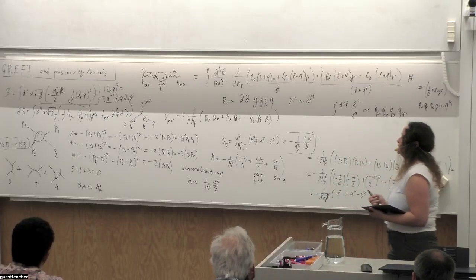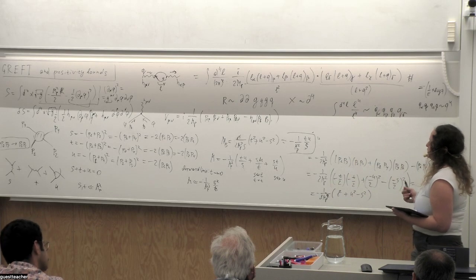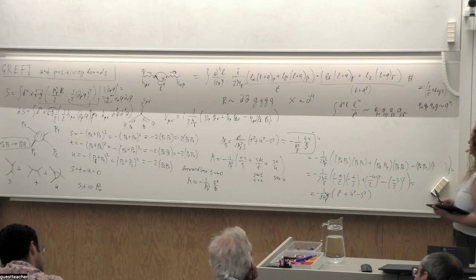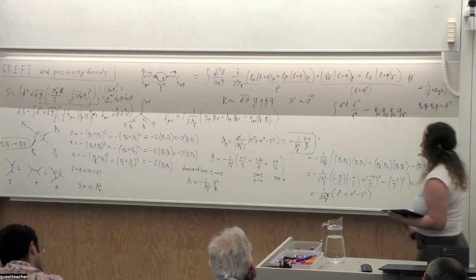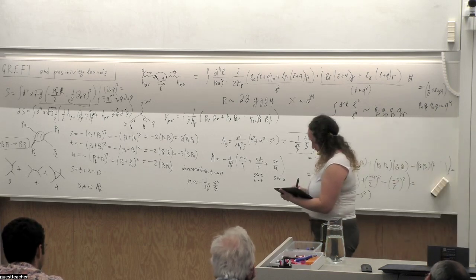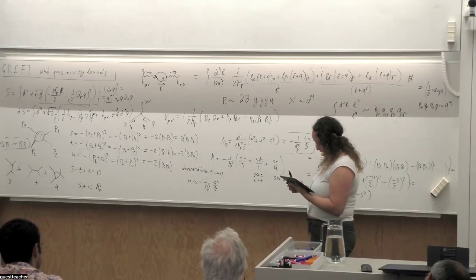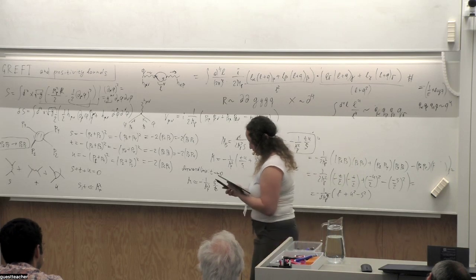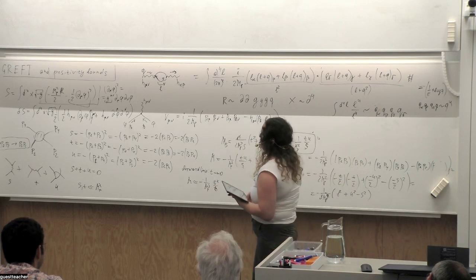And moreover, if we write some vertex reproducing this divergence, we will get more and more vertices proportional to 6 derivatives, 8 derivatives, and so on to infinity. So at least it's quite easy to show that gravity with matter will not be a renormalizable theory.